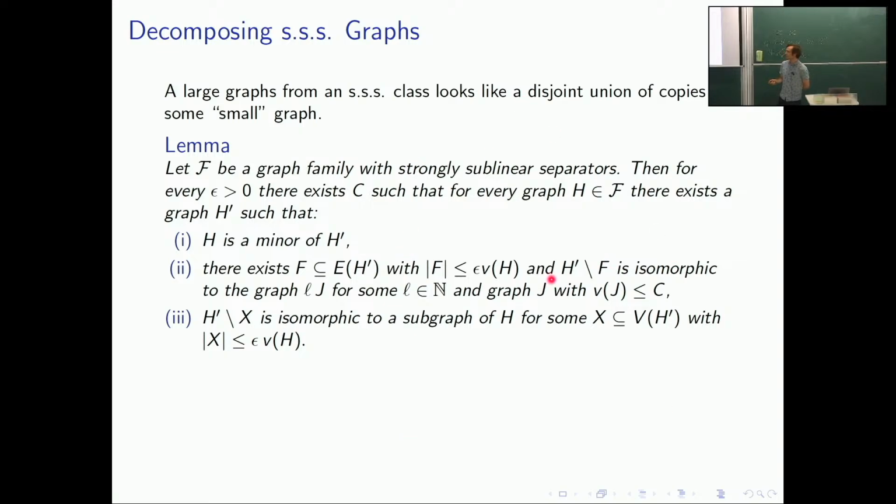But it turns out that that's not really a big distinction, because we can just group small components together. If you have lots and lots of small components, you can group them into large collections of components, so that all of the collections look exactly the same, because there really just aren't many graphs which are small.